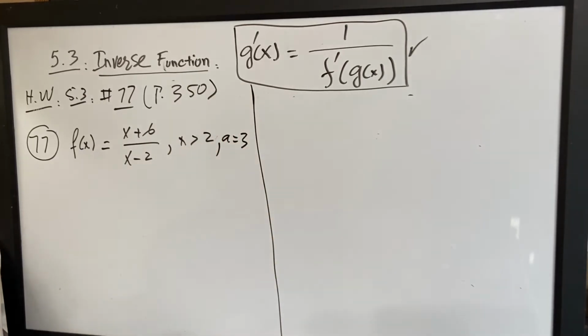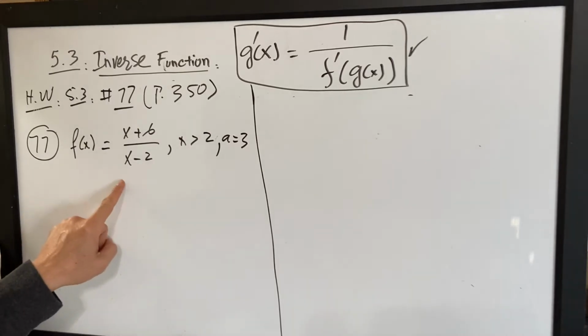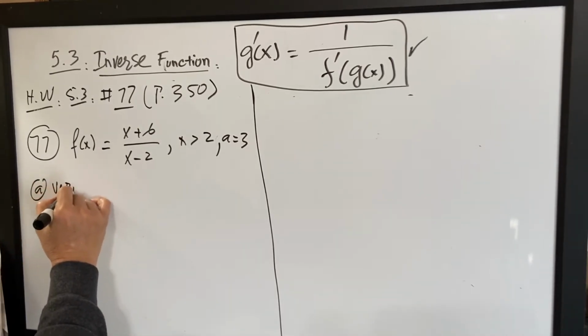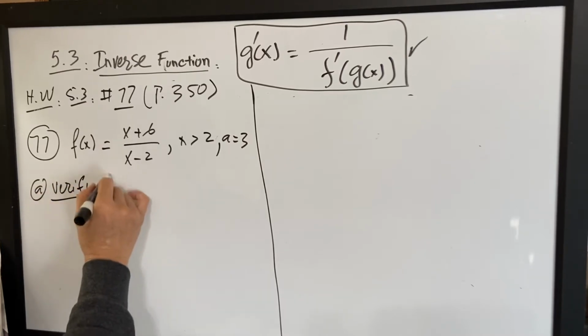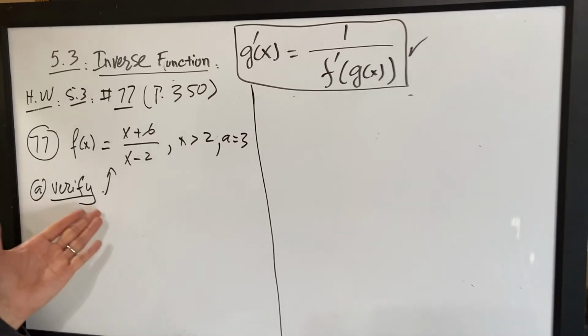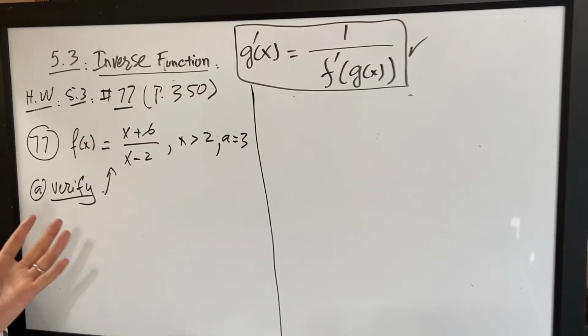All right, let's divide the board right here. First of all, the textbook asks us to verify that this function has an inverse. How do you verify a rational function has an inverse?